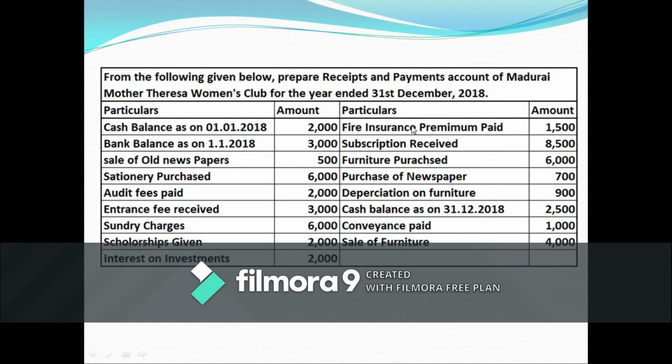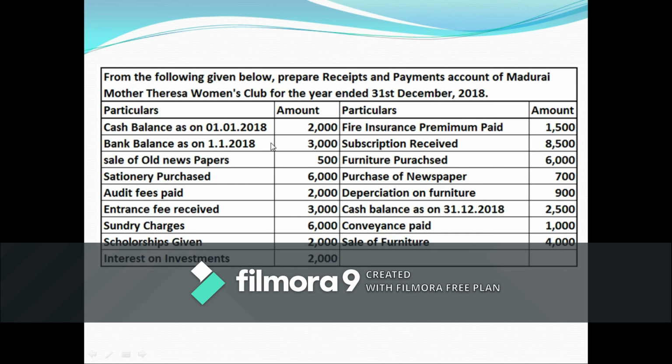Here they are given particulars, amount, opening balance of cash, opening balance of bank, sale of old newspaper, stationery purchase, audit fees paid, entrance fees received, sundry charges, scholarship given, interest on investment, fire insurance premium paid, subscription received, furniture purchased, purchase of newspaper, depreciation on furniture, closing balance, conveyance paid, sale of furniture.